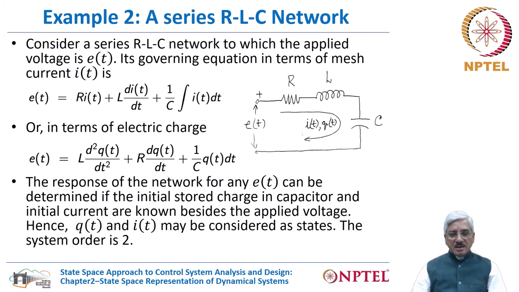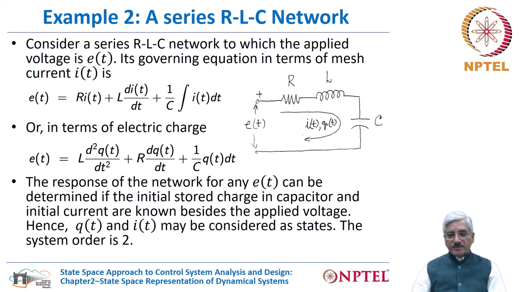Applied input is e(t), and the three components, a resistance, an inductance and a capacitance, are connected in series, and the loop current is i(t). And of course, we have also shown in the circuit the charge flowing in the circuit by the symbol q(t).